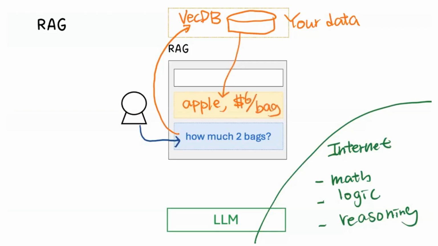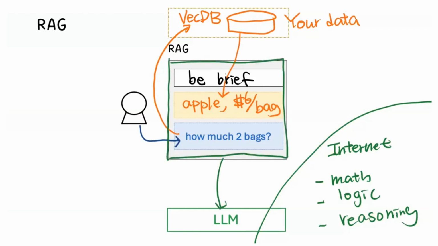And then I would like to provide some instruction. So, you're going to answer this question, how much are 2 bags, but also be kind of brief. Don't be too verbose. Don't say too much. After you have that, you send this to the large language model. This whole thing, my query and context and also the instruction altogether, is where augmentation occurs.